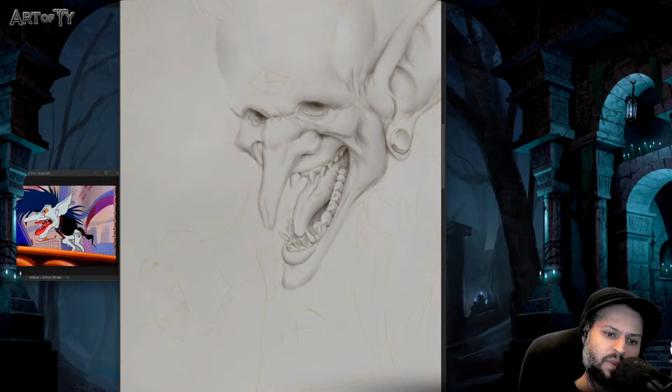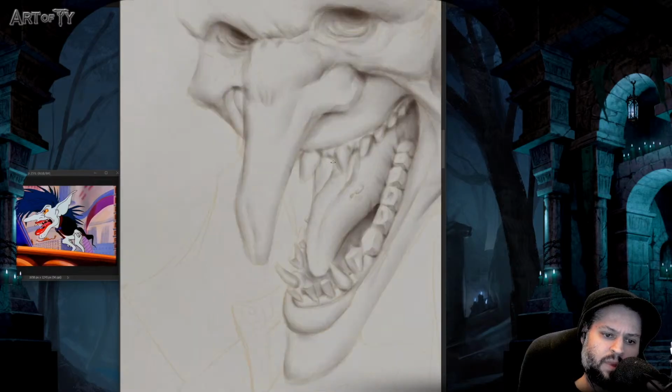I think we probably want to put a molar right there. These are just kind of issues with the drawing, right? We just didn't put this in.